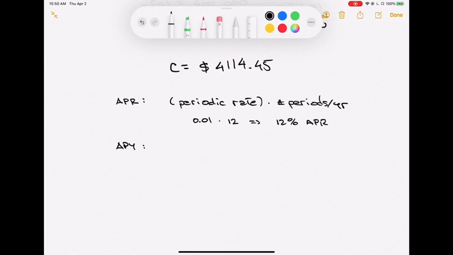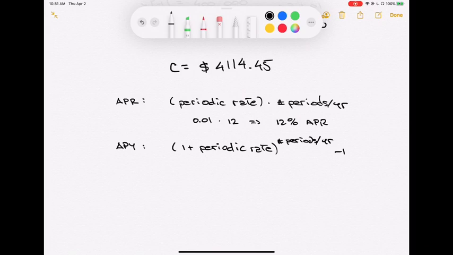APY is the annual percent yield. This one takes into account the compounding element, and it looks something like this. 1 plus the periodic rate expressed as a fraction, and then we are going to raise that to the number of periods per year and subtract 1.